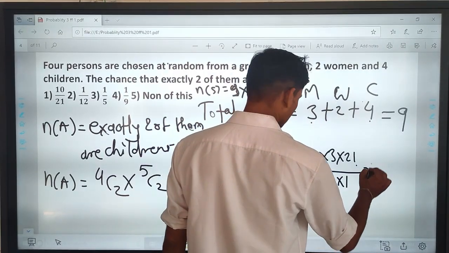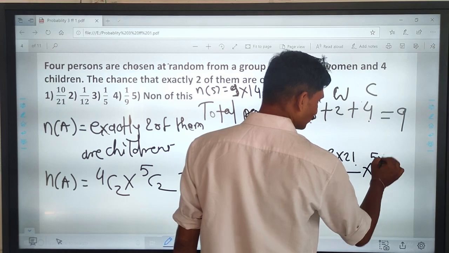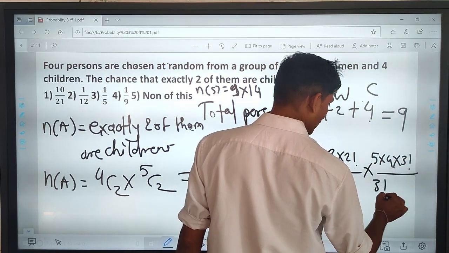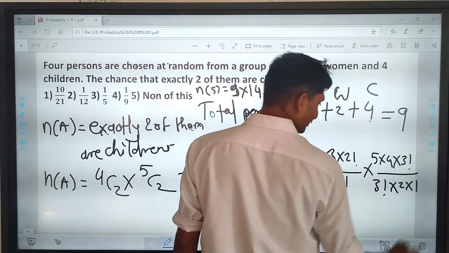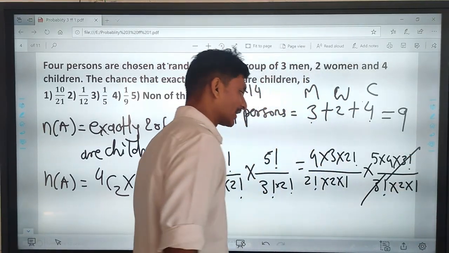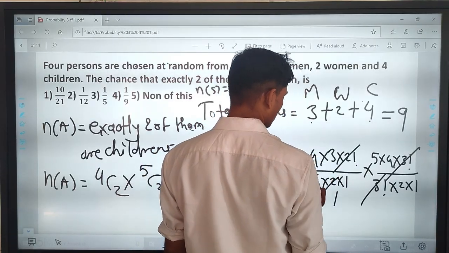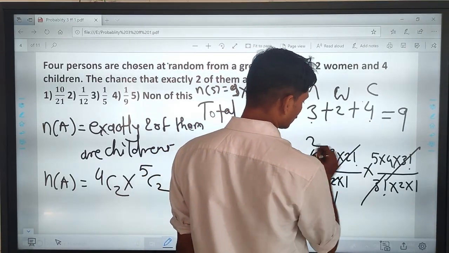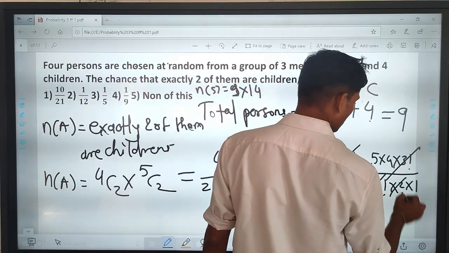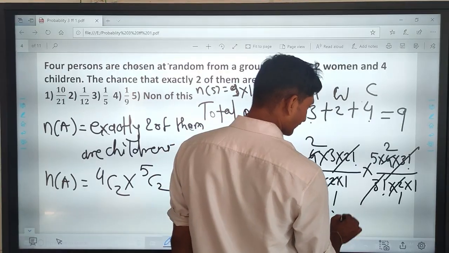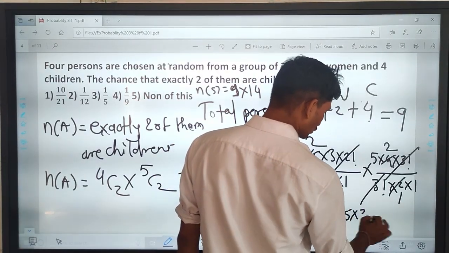And 5 factorial means 5 into 4 into 3 factorial divided by 3 factorial into 2 into 1. 3 factorial gets cancelled. 2 factorial gets cancelled. 2 1s are 2, 2 2s are 4. Remaining is 2 into 3 into 5 into 2.